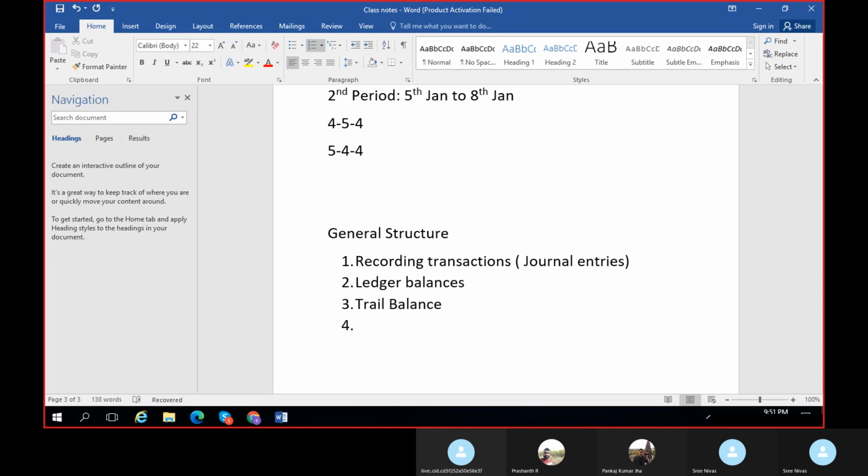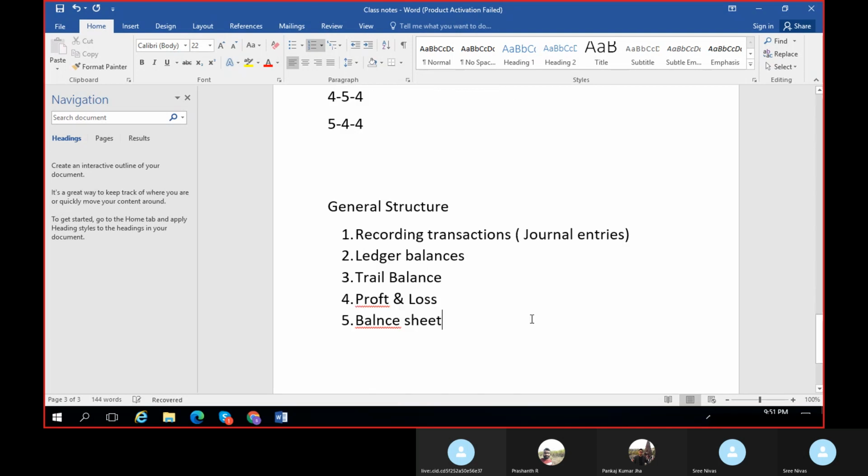And after preparing this, we prepare the profit and loss account. Let's not go deep into how the ledger balances, trial balance, profit and loss account and the balance sheet work. You are already aware of these topics, right? But this is a general accounting system.